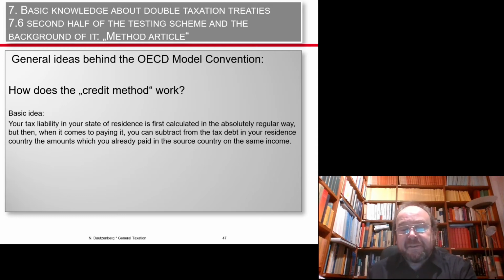The credit method, on the other hand, is a bit more complicated. The tax claim is regularly computed without any exemptions in the country of residence, and then from the tax which you owe for a certain income to your country of residence, you can deduct that amount which you have already paid abroad. So you only need to pay the difference.